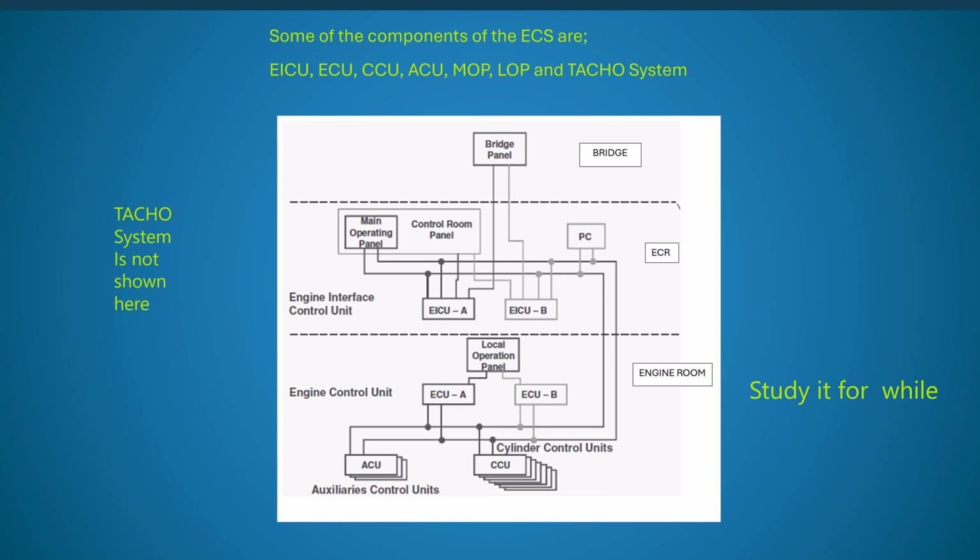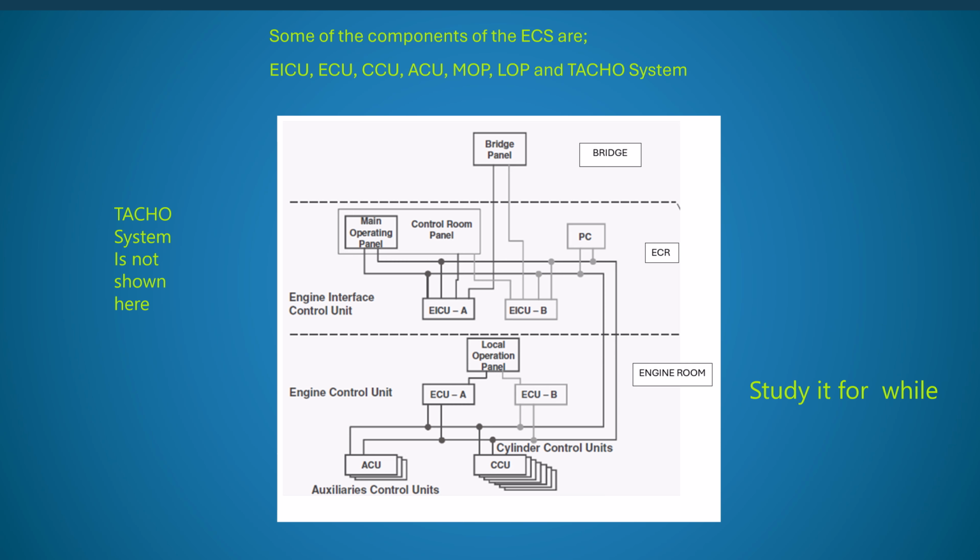Now, the engine control unit, ECU A and ECU B, which is in the engine room, is connected to the LOP. It's the ECU which carries out all the functions of the running of the engine. No doubt, EICU is also connected to both the ECUs, A and B.